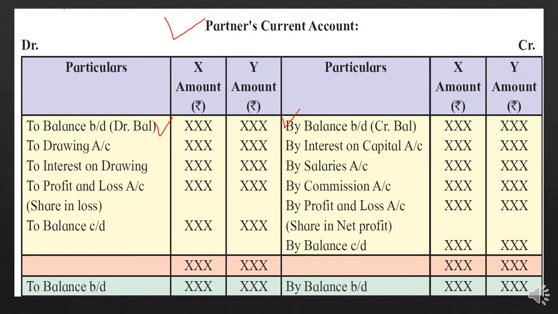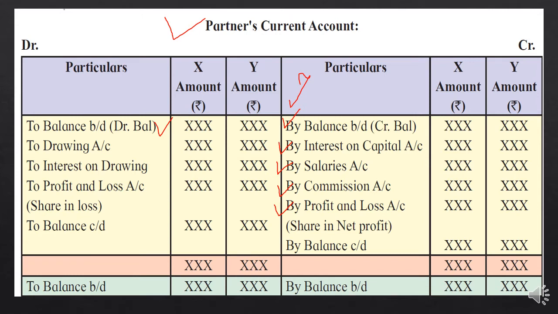So that opening balance will be written, and after that, interest on capital is a profit for the partner, salary to the partner is an income for the partner, commission received by the partner is a profit, and any profit earned by the P&L account is a profit for the partner.